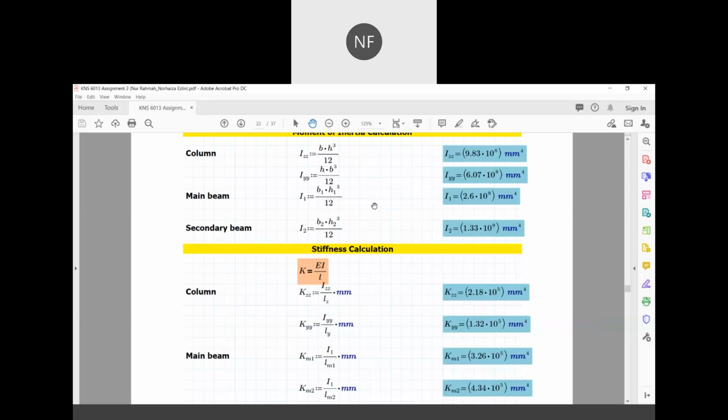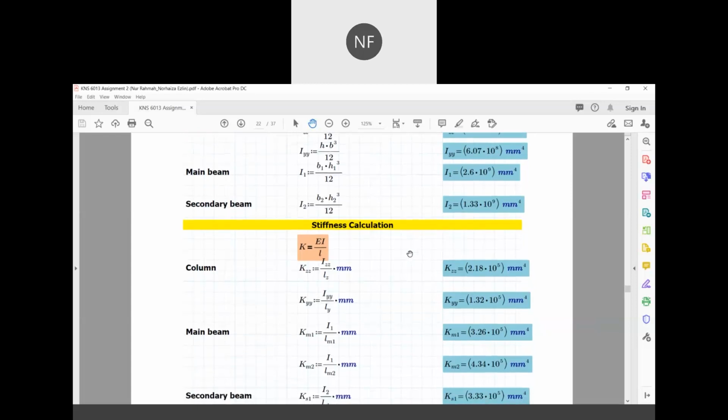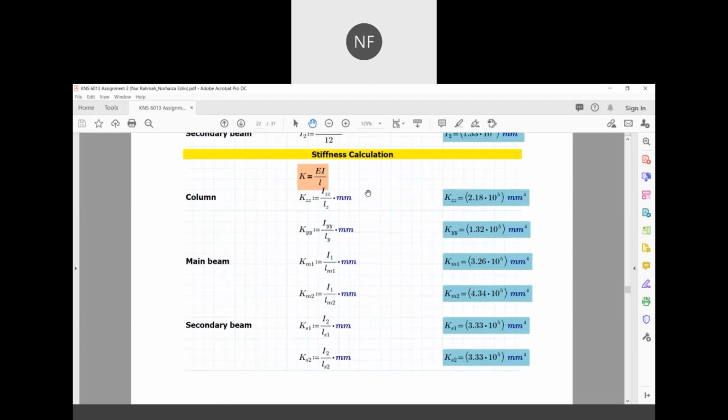And here is the moment of inertia for the main beam, equal to 2.6 times 10 power 9 mm4. And here is the secondary beam moment of inertia, equivalent to 1.33 times 10 power 9 mm4.